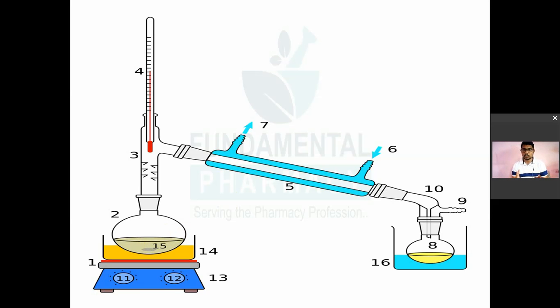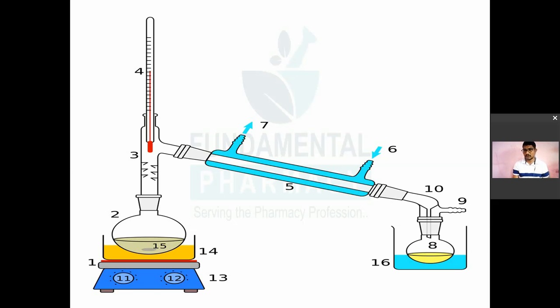Suppose your two components of the mixture have similar boiling points, for example one is 95 degrees Celsius and the other is 96 degrees Celsius. There is only a little difference between the boiling points of these two components. In that case, the vapors coming off are also a mixture. The component having the lower boiling point will have a higher composition in the vapor, but the other component, whose boiling point is only a little different, will also be present.